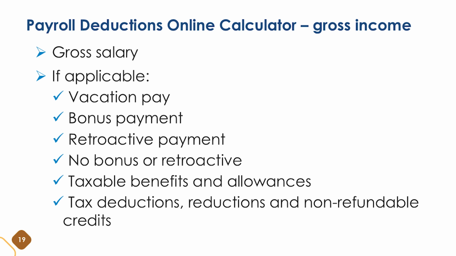Select all other taxable income and benefits and/or other deductions that apply to this pay period. The options available are taxable benefits and allowances, tax deductions, tax reductions, and non-refundable tax credit amounts.